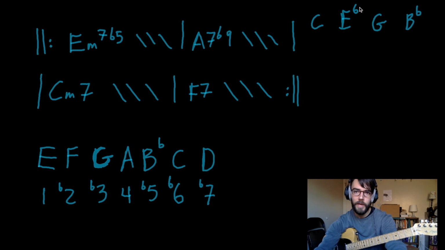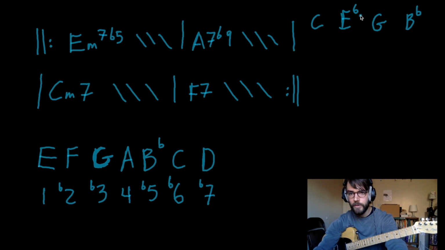So the reason why we have to do this at all is because the second note of this C minor 7 chord is an E flat. So a mode built off of E natural is not going to jive well over a chord that has a flat note in it like this. Because again, similar to the other examples, we have an E and an E flat happening at the same time, which is going to create a kind of a dissonant sound.